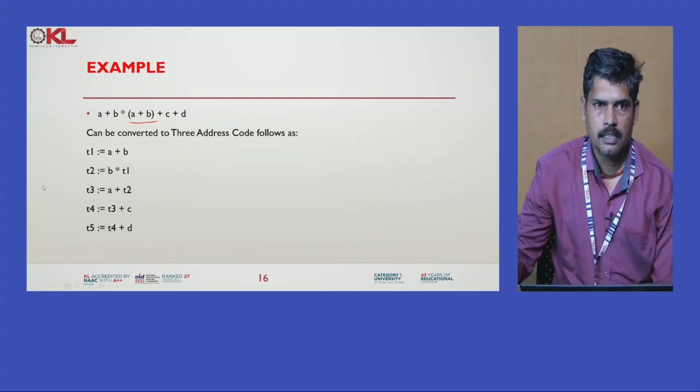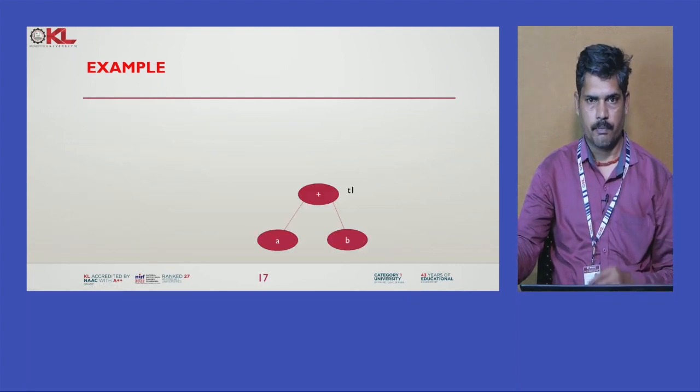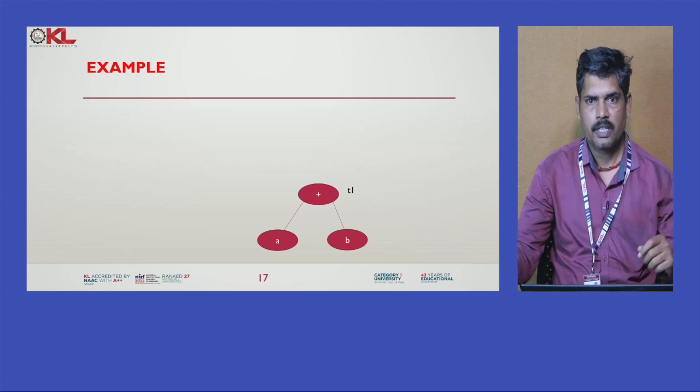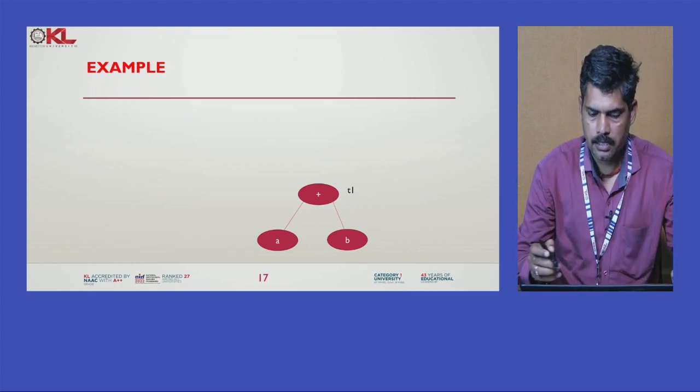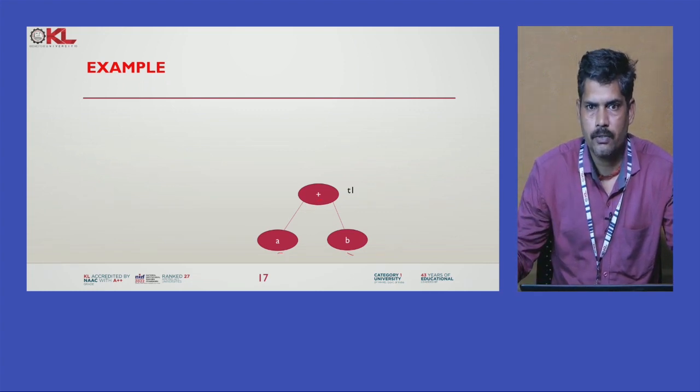For this 3 address code we are constructing the DAG graph. First step, for t1, plus is the operator, so we initialize it as the root node, and a and b are child nodes for t1.